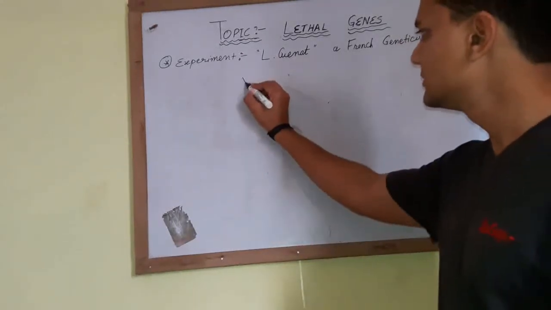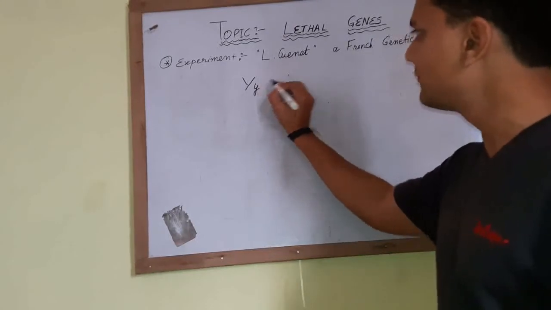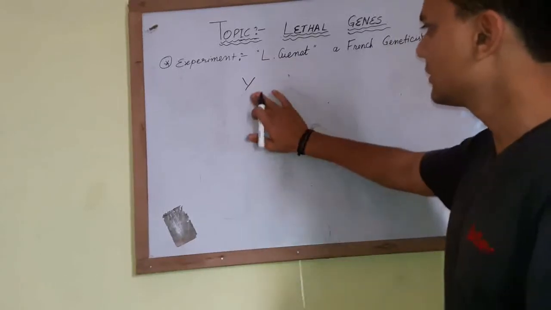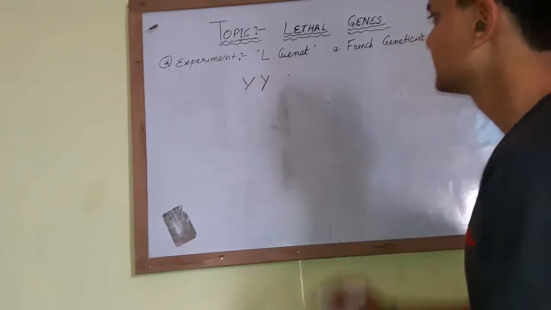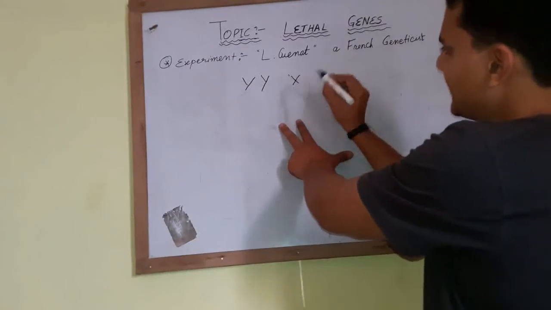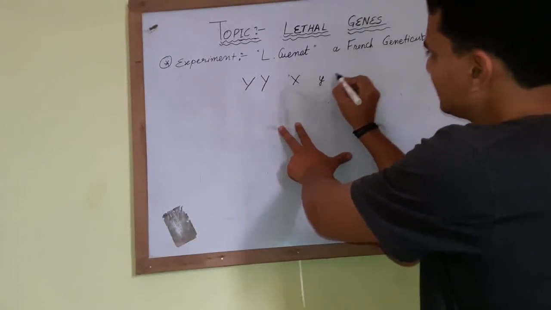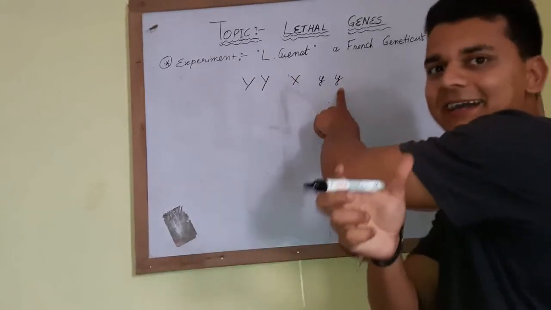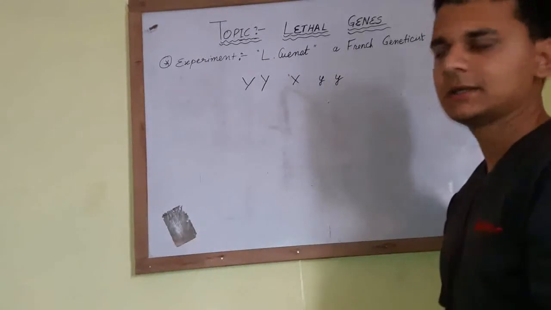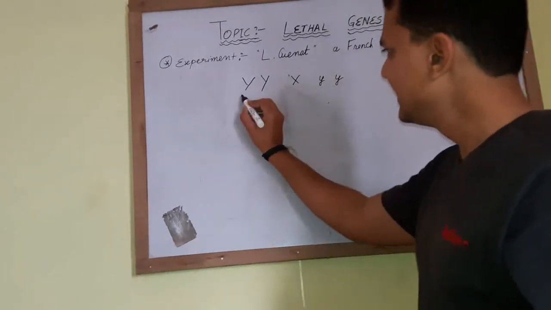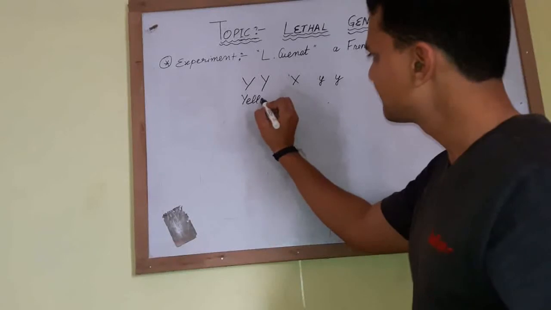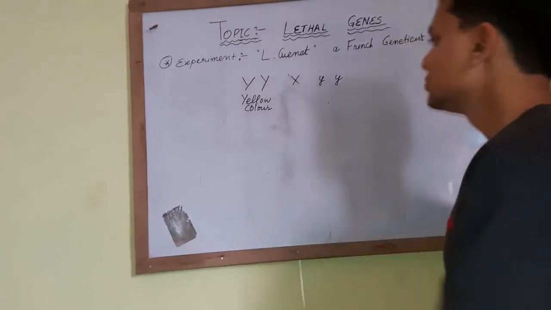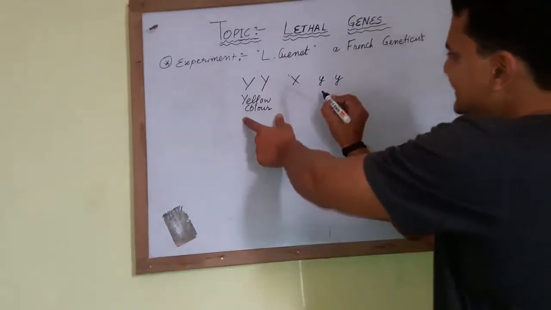He took two types of mice: a pure yellow colored agouti mouse, crossed with a pure grey colored agouti mouse. This mouse is pure yellow colored and this one is grey colored.